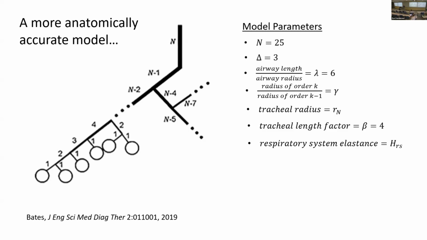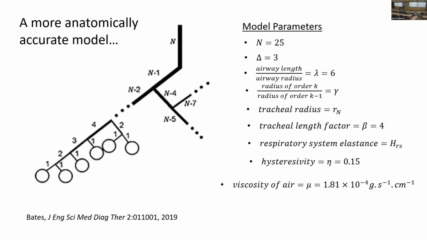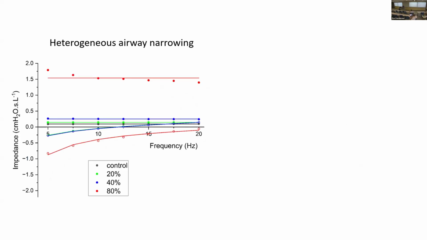And then on the end of every terminal bronchiole, I have a respiratory system elastance, actually a constant phase unit, with an elastance H. So that specifies, with a relatively small number of parameters, the complete mechanical properties of an entire airway tree with its parenchyma. I assume I can get a tissue resistance out of it as well, and then I have to use the viscosity of the air and the density of the air in order to calculate resistance and inertance.